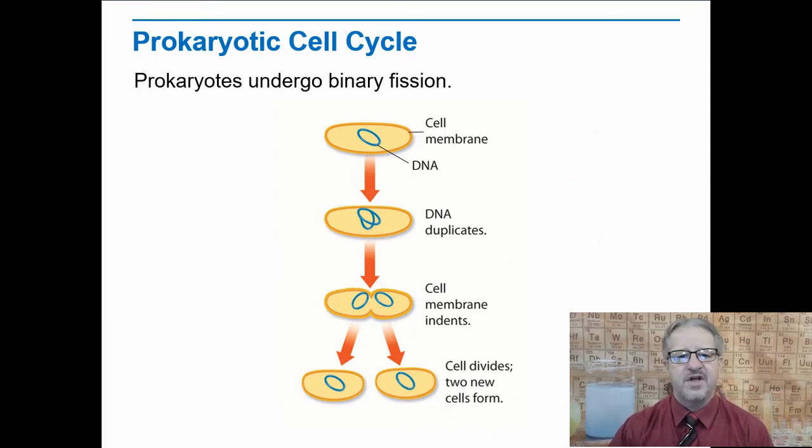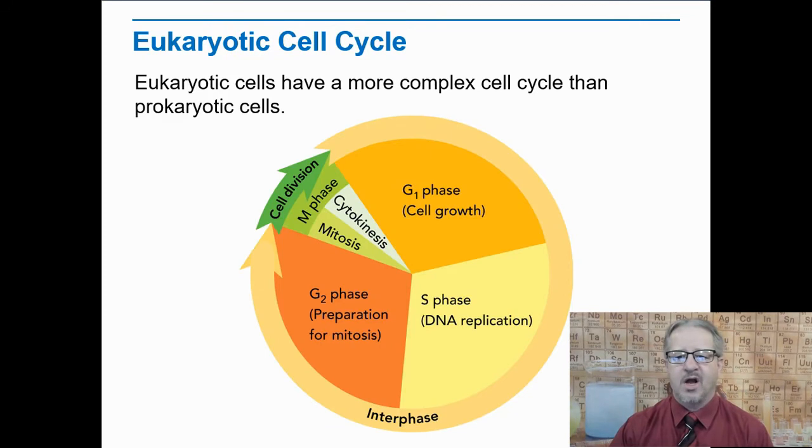All right, let's move on to the eukaryotic cells. They're a bit more complex. And as you can see, there are a number of phases or steps within the eukaryotic cell cycle. So we're going to go through each of these one by one. Now, most of the lifespan of a cell is spent in the process called interphase.